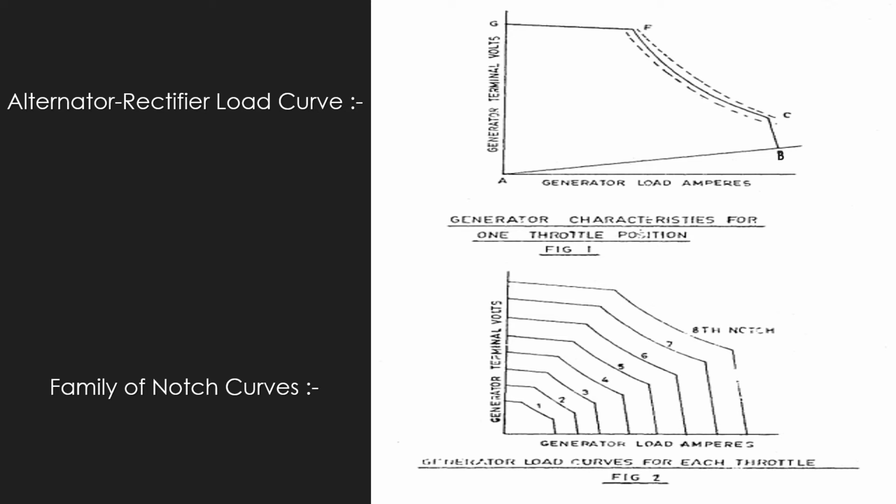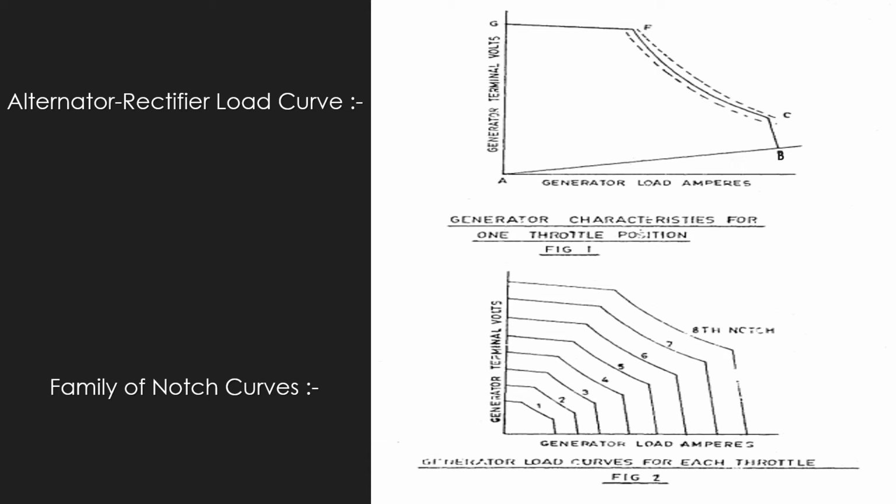This voltage is selected so that all normal operation will be below the voltage at which the rotating equipment will become subject to flashover. The second figure shows the family of curves representing the alternator rectifier demand from first notch to 8th notch as developed by the excitation system.